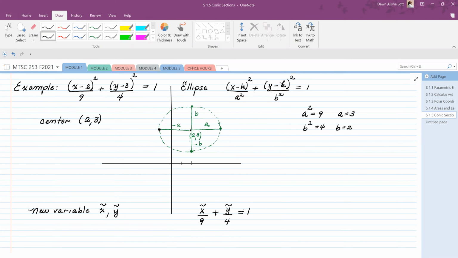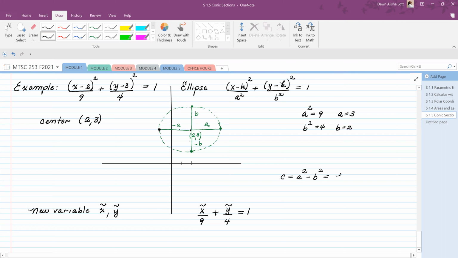Okay, so we still know what C is, right? This is an ellipse, and so when we go back to our definition of the ellipse, in order to find C, we have to take a squared minus b squared. So C is the square root of a squared minus b squared.